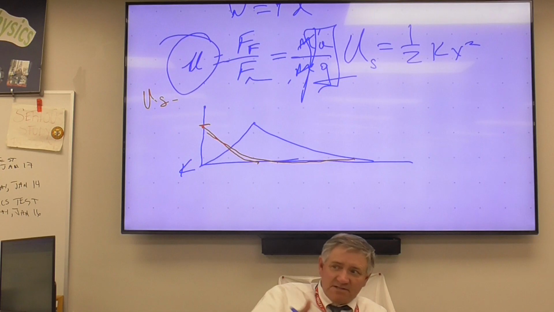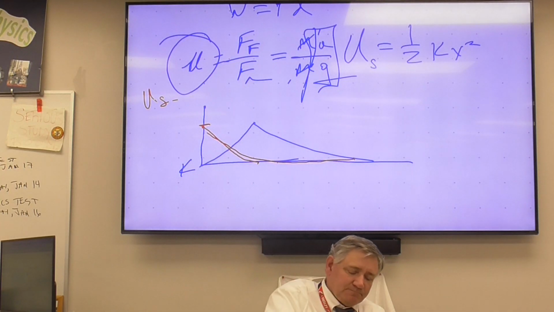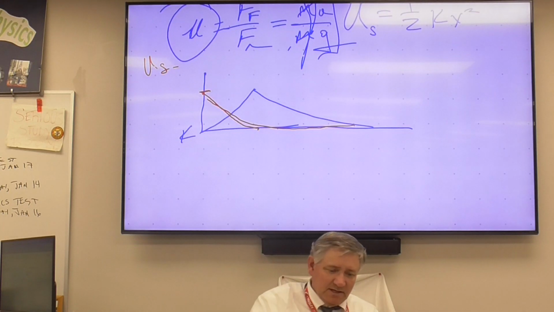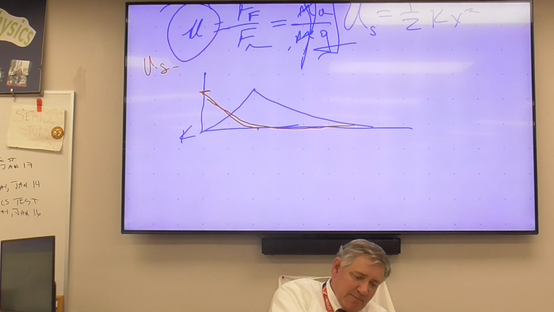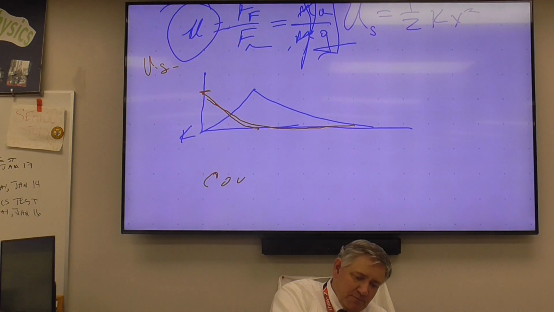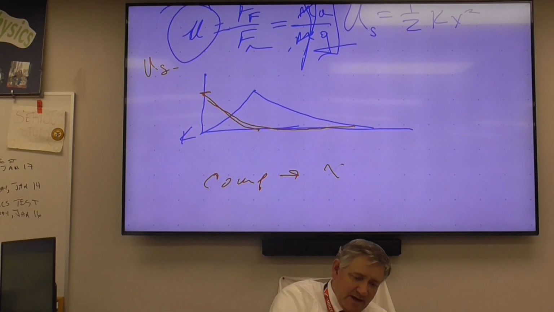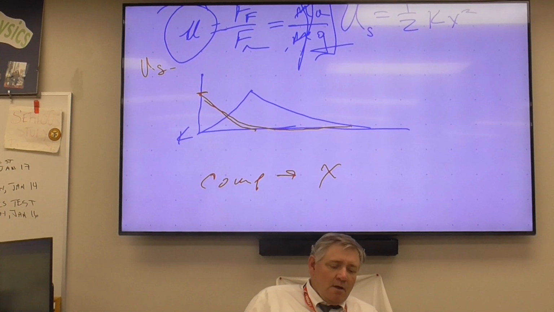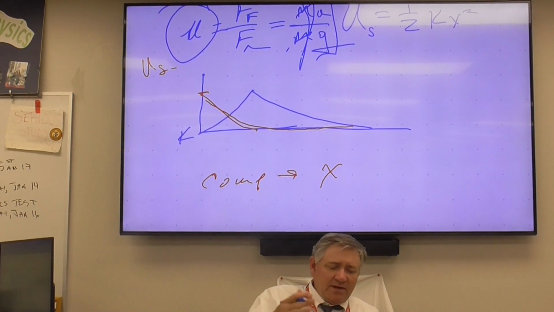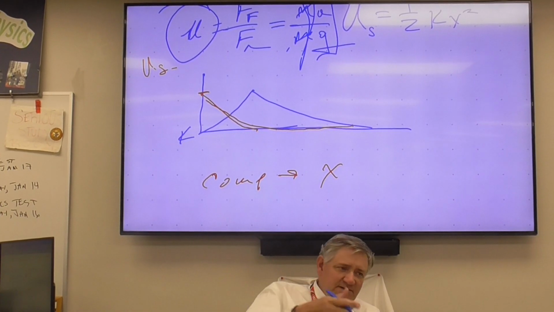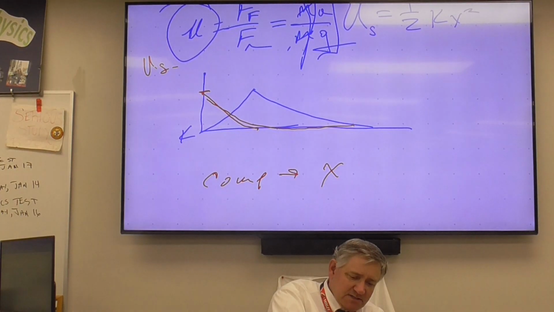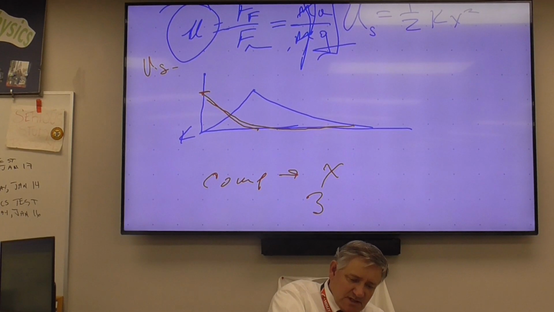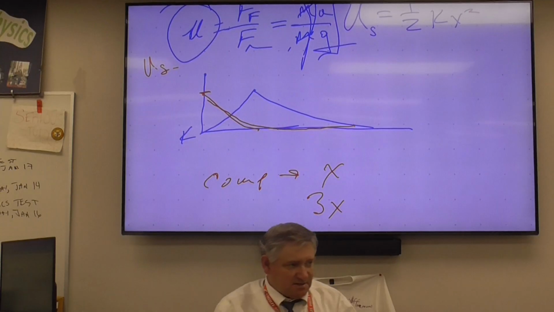So this is how this is going to play out. In this problem, it might say we're going to compress the spring a distance of x, or variable d or something like that, okay? And then on the next scenario, it might be compressed to a distance of 3x.